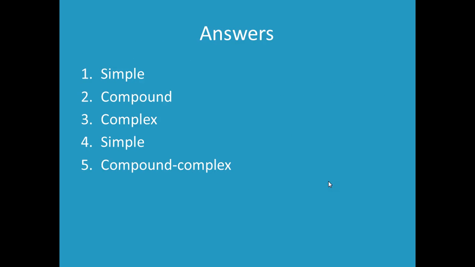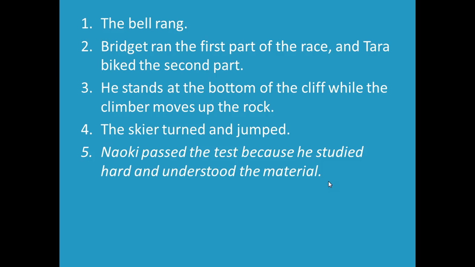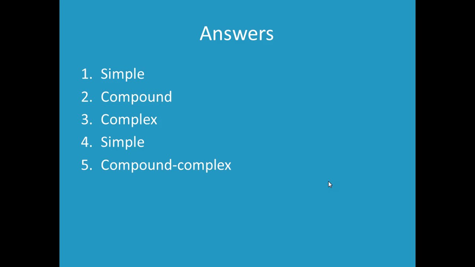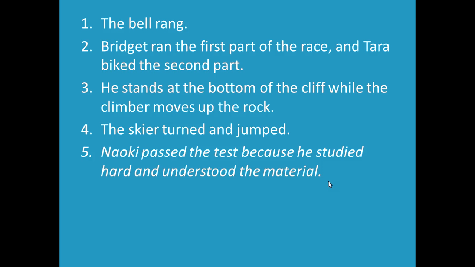Okay. Number 3, he stands at the bottom of the cliff while the climber moves up the rock. Yes, complex. Why is it complex? What's a complex sentence again? A complex sentence is made up of what? 2 parts. That's right.